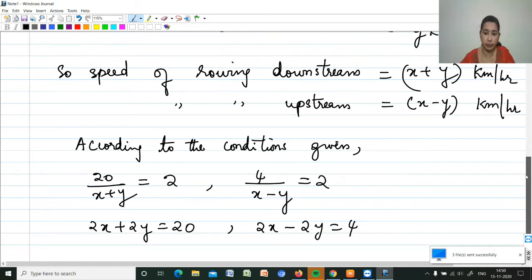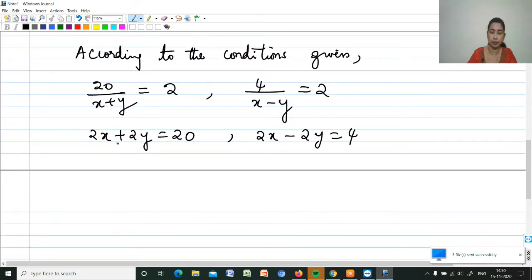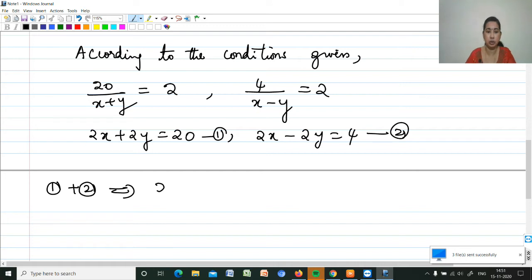So we got two equations, and if we add these two equations we can cancel the 2y part, because one is plus 2y and the other is minus 2y. This is equation number 1, this is equation number 2. So 1 plus 2 gives 2x plus 2x is 4x is equal to 20 plus 4 is 24, or x is equal to 6.